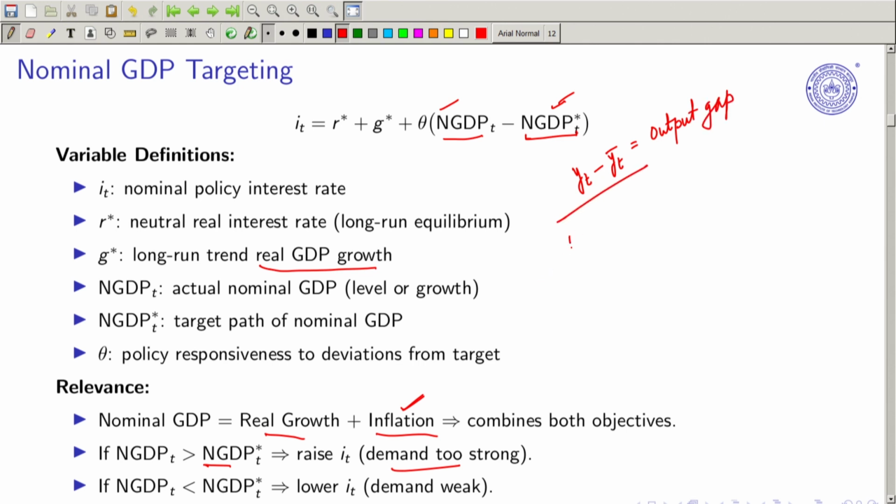And if you are saying that when my NGDP is greater than NGDP T star, then what it implies is that it raises the interest rate, right? Which means that this creates some kind of overheating scenario.